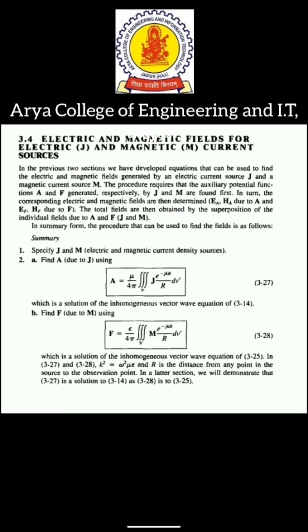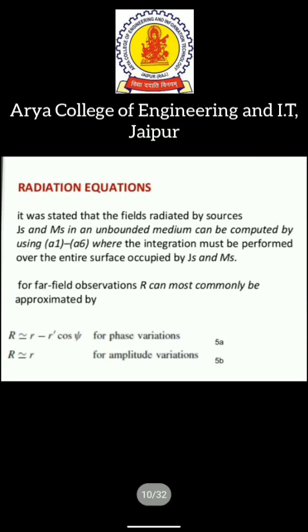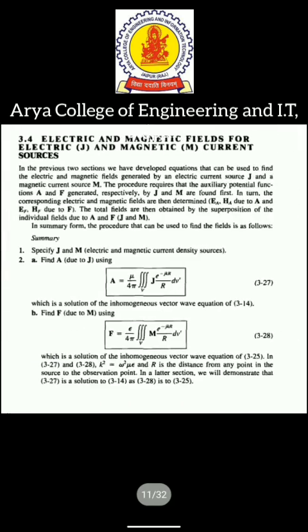A and F are the auxiliary potential functions, as we have already studied earlier. These are the formulas for the auxiliary potential functions for the current sources J and M.